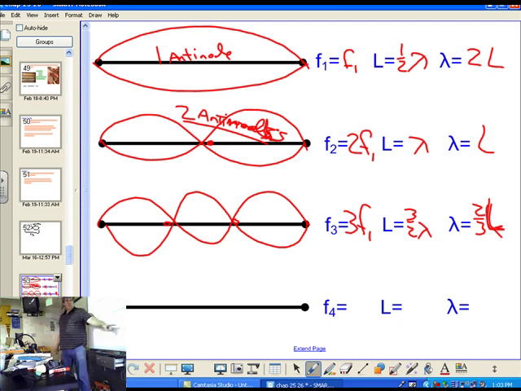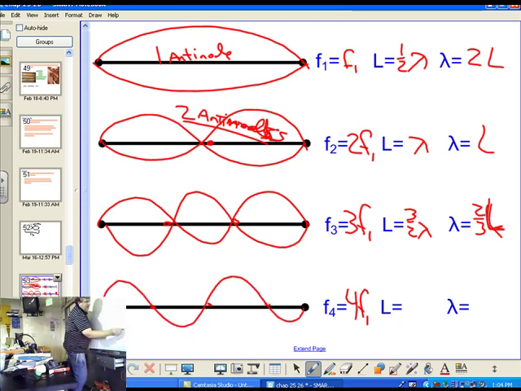So, F4. How many times the fundamental is F4? 4 times F1. How many antinodes are going to be in this one? There's going to be 4 antinodes, because we have 1, 2, 3, 4.